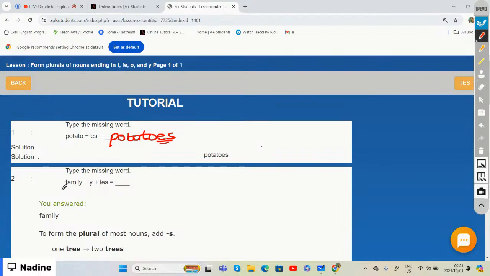We said with families, right? One family with the Y. How are you going to write families to show there is plural for families? It says family minus the Y plus the IES. How are we going to write that word?